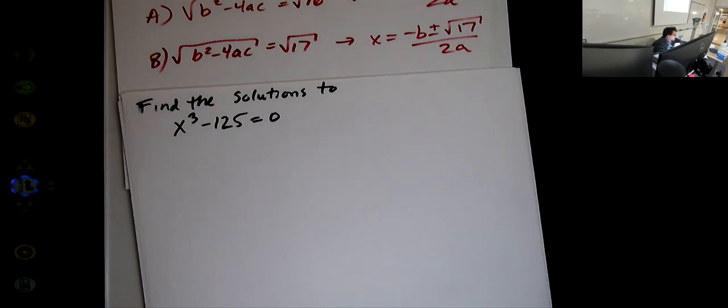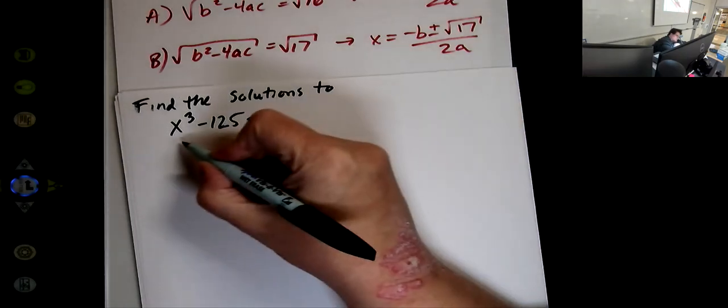This is one of those cubic ones. This is x cubed minus 5 cubed.